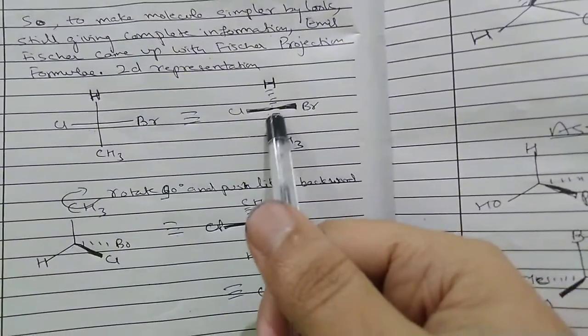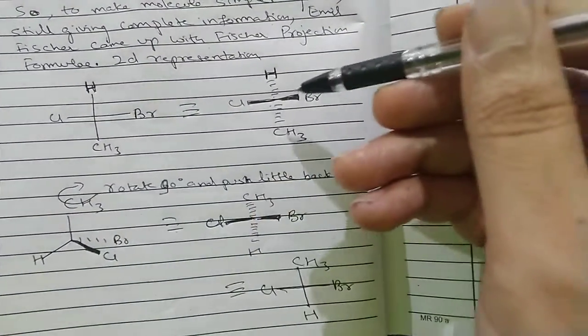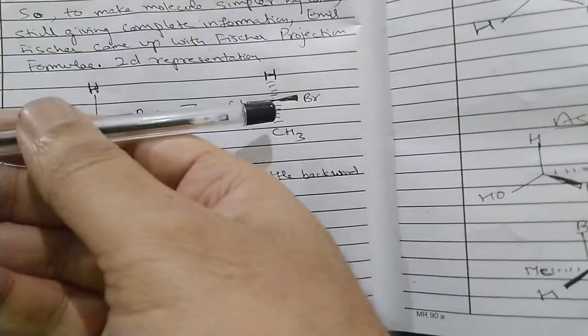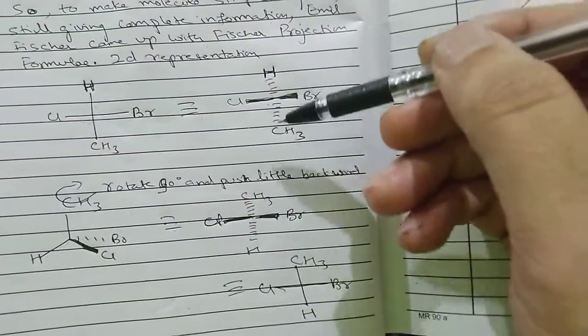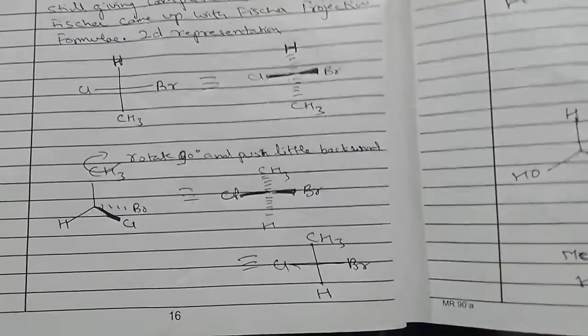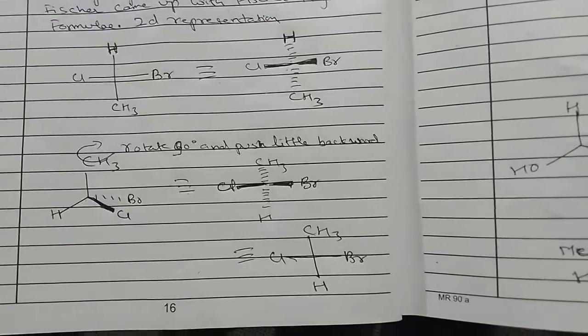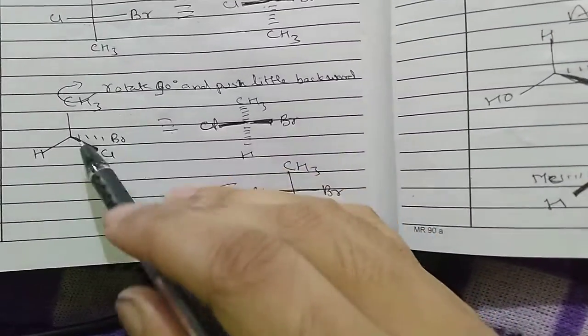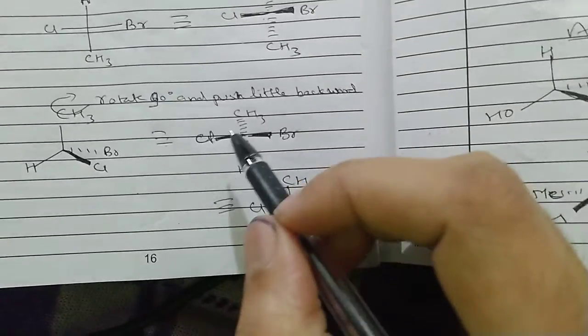So I can draw it something like this. This Br is towards the viewer, this Cl is towards the viewer, H is away from the viewer, and CH3 is away from the viewer, okay? Now how do we convert? If you have a simple Sawhorse projection formula, and they want you to put it into Fischer projection formula.